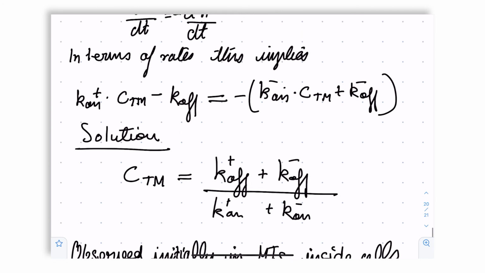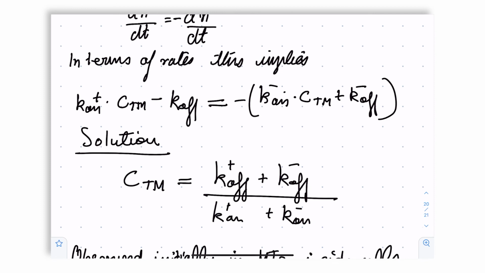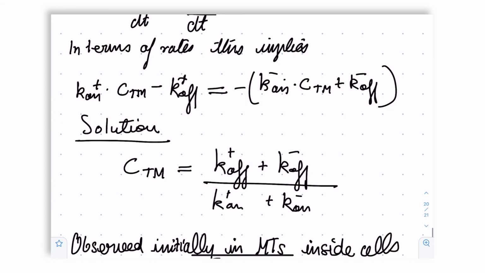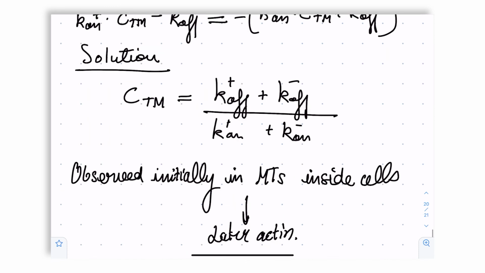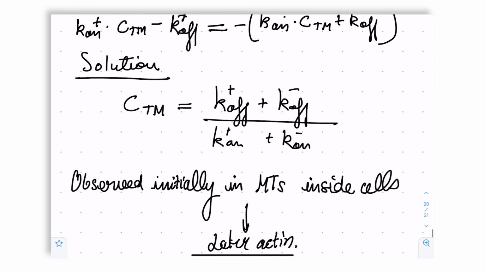In terms of rates, by substituting Dn plus and Dn minus, we get these terms, which can be resolved to estimate the critical concentration at which treadmilling will happen, to be the ratio of the summed k offs upon the summed k ons. This was initially observed in microtubules and later in actin.